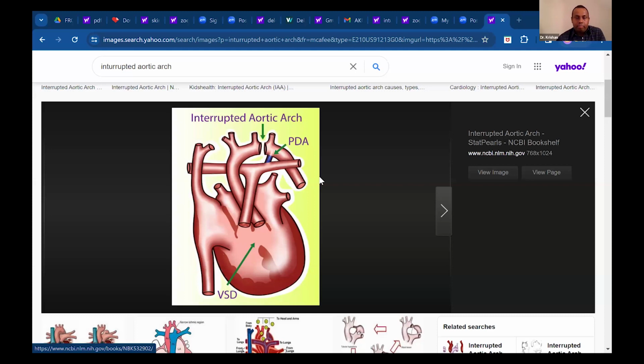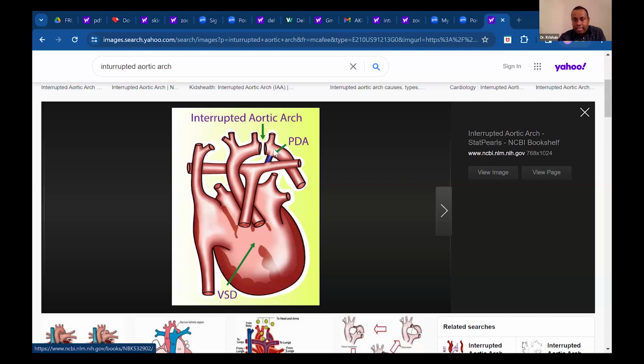Right, so there is a clear picture here. I hope you can see this one. So, interrupted aortic arch. What happens is there is a disconnection between the ascending aorta and the descending aorta. The ascending aorta and descending aorta are disconnected.